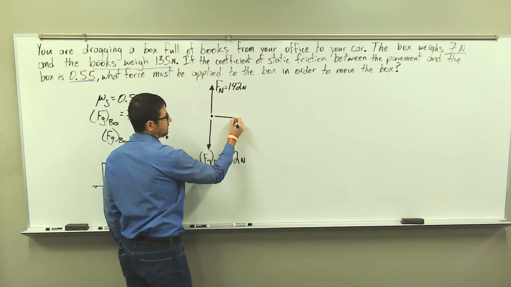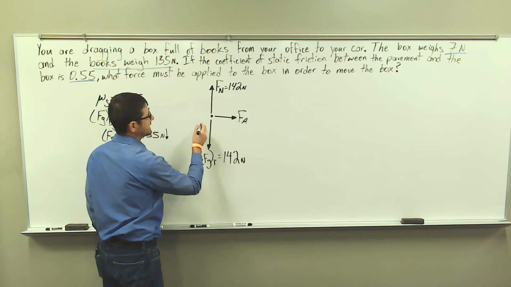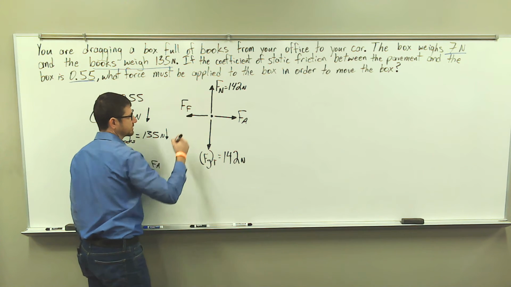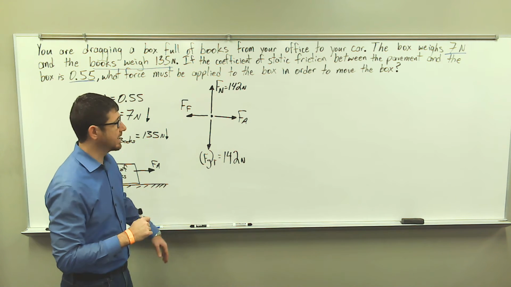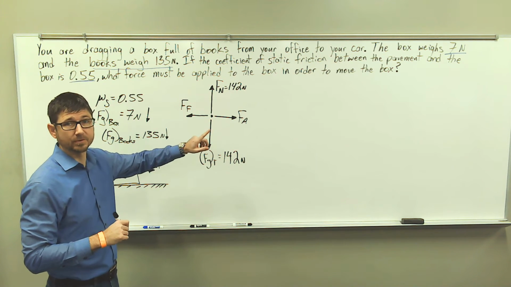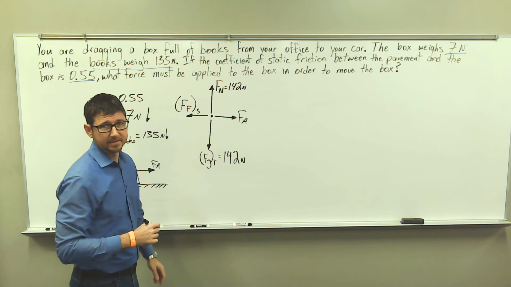And we are applying a force here, F sub A. And we have a static friction force. So friction force identified by F sub F. I'm going to be a little bit more specific and add another subscript of S to identify the static friction force.